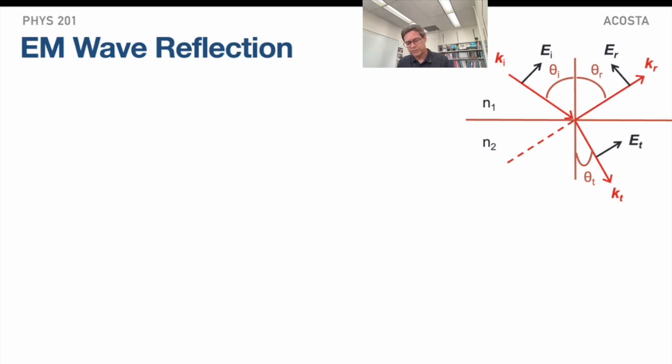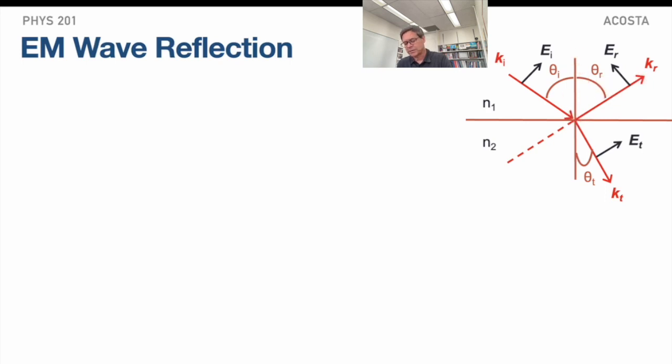And then the wave, when it reaches this boundary, and assuming the second material is transparent, even though it has a different index of refraction, some part of the wave will reflect off, and some part will be transmitted into that medium. The incident angle for the incoming wave is theta i from the normal to the surface, or the boundary. The reflected angle theta r is the same angle from the normal to the surface.